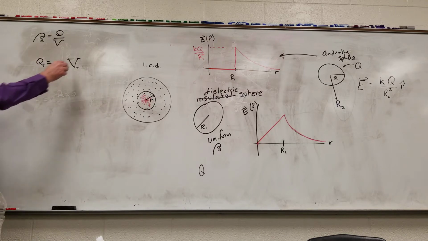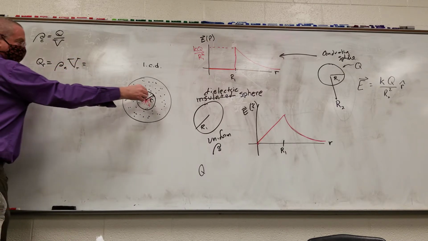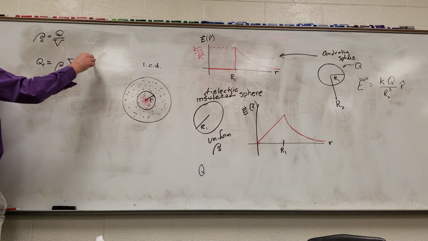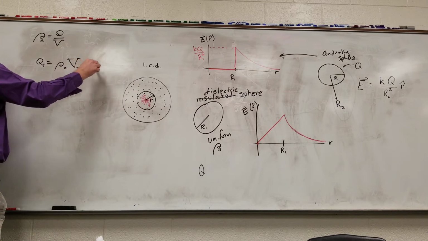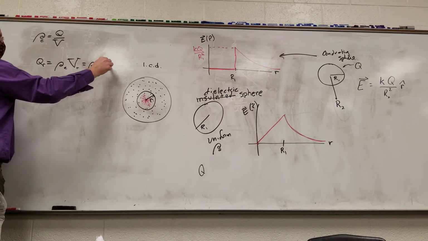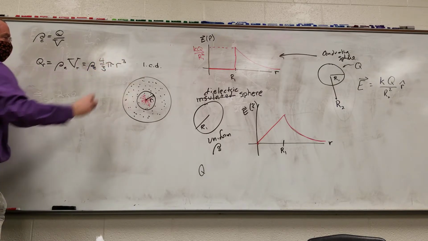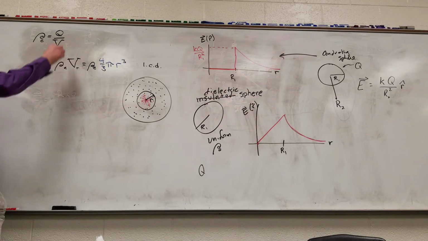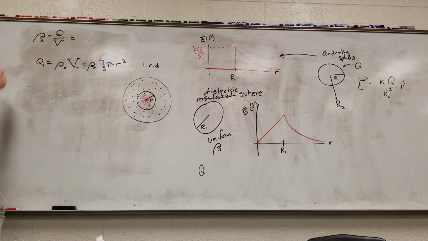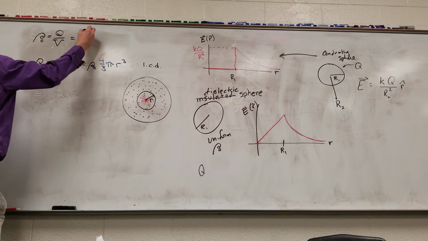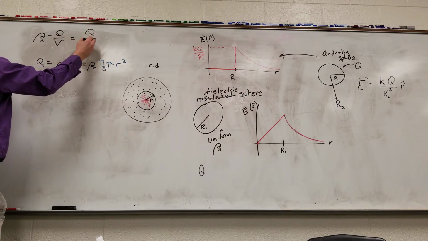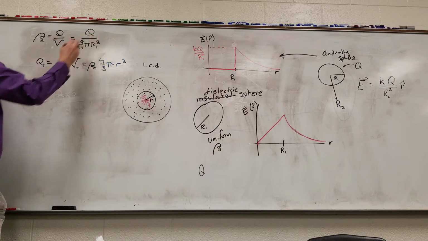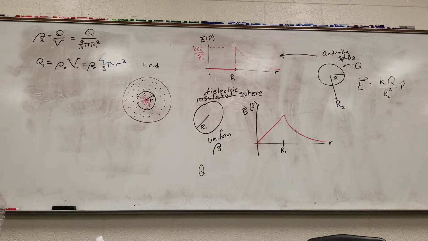The volume of this smaller sphere is rho sub E times 4/3 pi little r cubed. That's the volume of the sphere. I know the total charge density is equal to Q over 4/3 pi R1 cubed, capital R1 cubed.